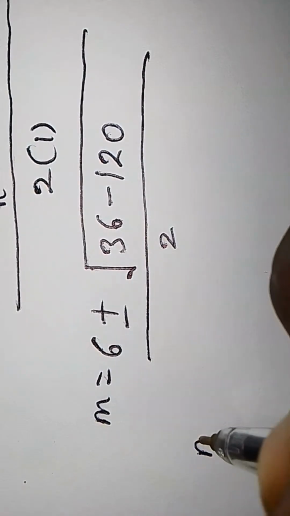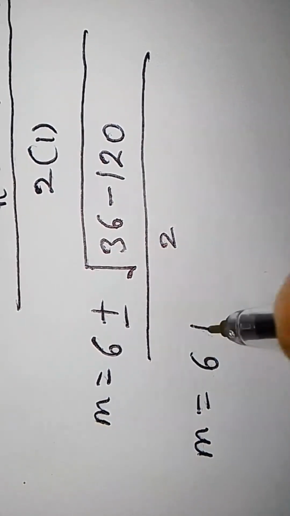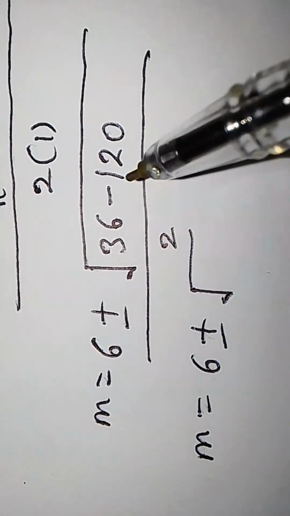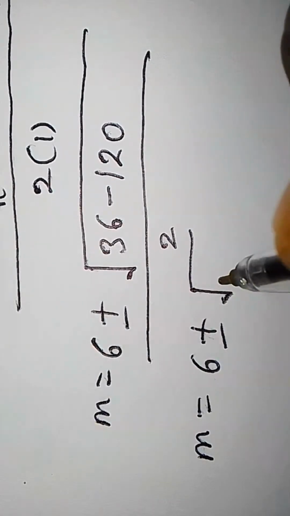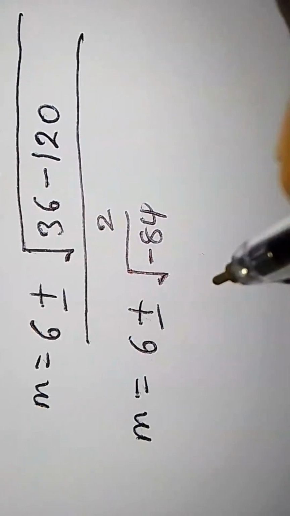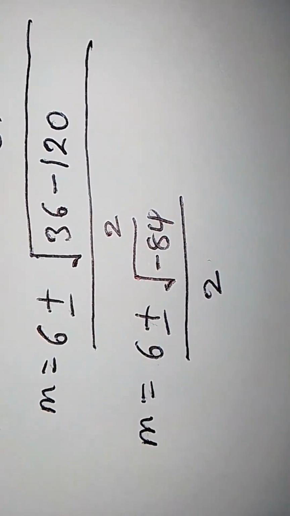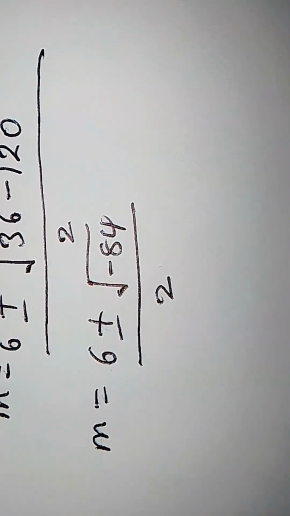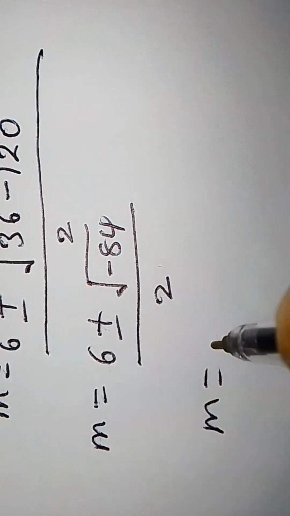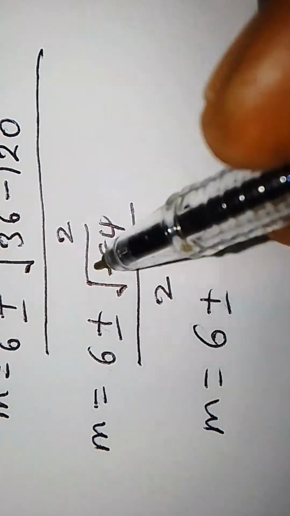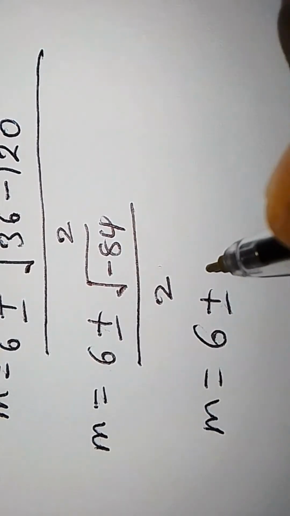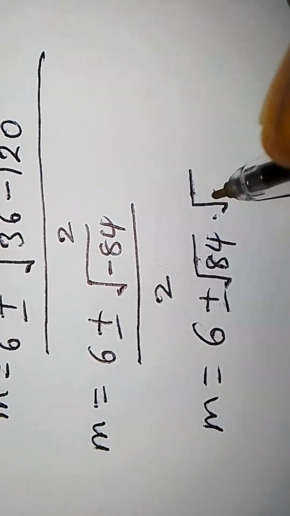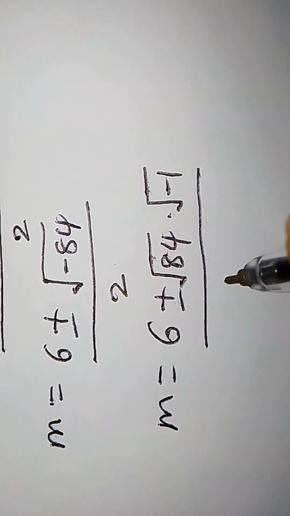So we have m equal to 6 plus or minus the square root of 36 minus 120, that is minus 84, divided by 2. So let's proceed further. m is equal to 6 plus or minus square root of minus 84, which could be written as square root of 84 times square root of negative 1, all divided by 2.